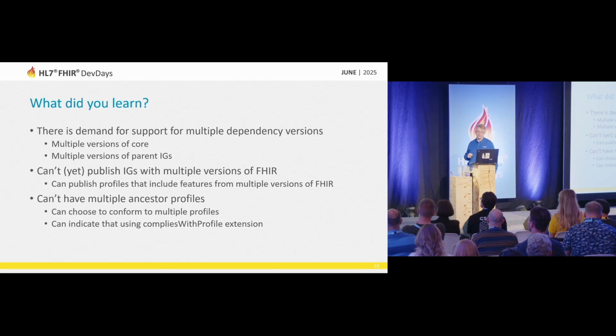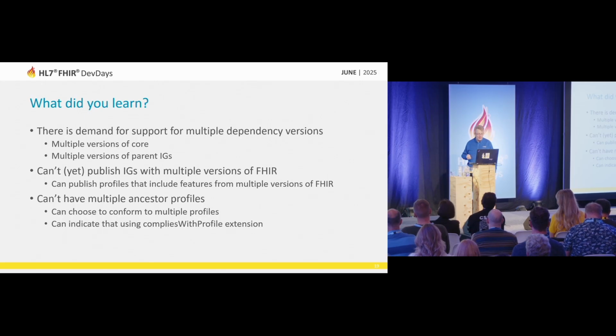We don't have an ability to publish implementation guides that support multiple versions of FHIR yet, but we do have the ability to at least prepare for that by creating implementation guides that look to what's happening in the future versions of FHIR and bringing the relevant data elements into the guide. And that's useful just to make the features available, as well as creating a glide path for people to support the new versions when they show up.